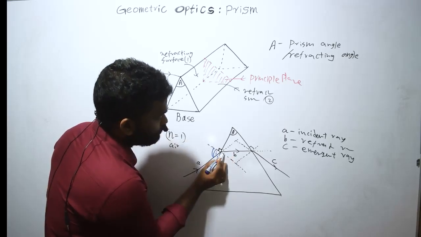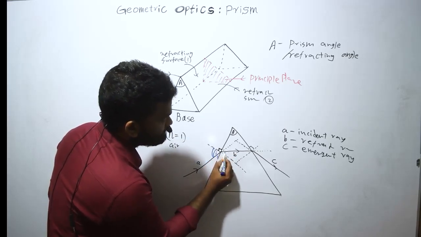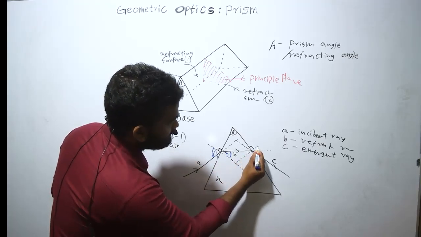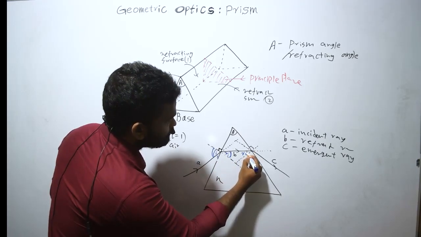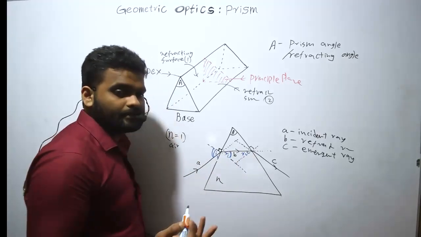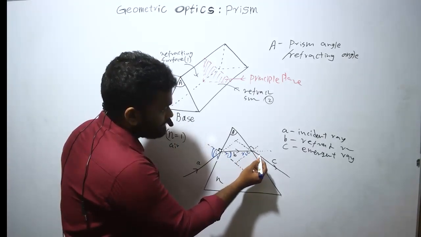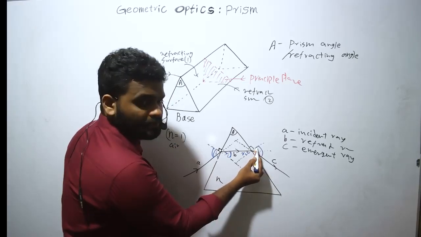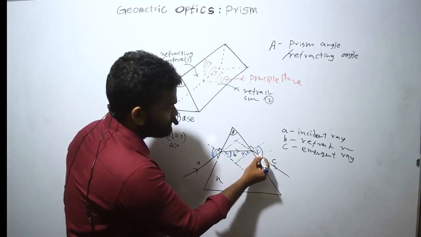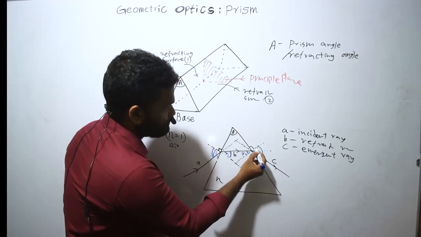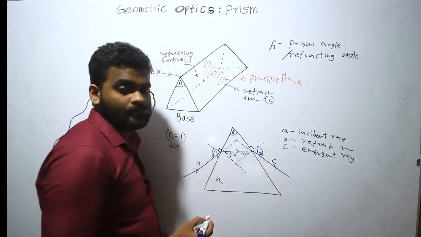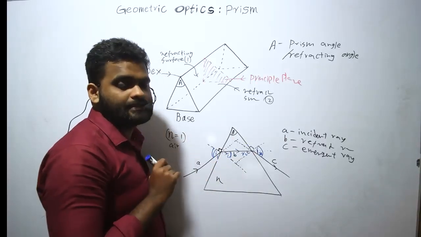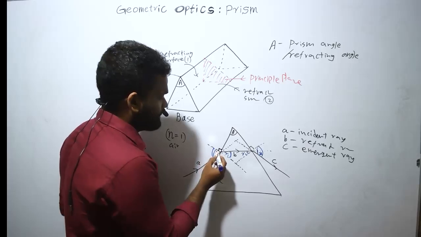Then the angle the normal makes with this ray is called R1. We call this a refracted angle. Then this normal makes with this ray the angle R2. That also we call a refracting angle. Then this angle that it makes with the normal here, we can call I2. You have to name it exactly like this, right? I1, R1, R2, I2.